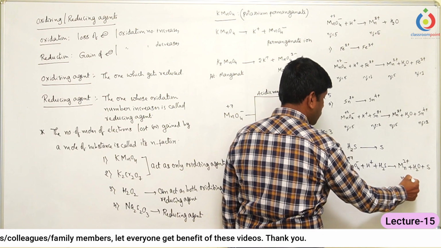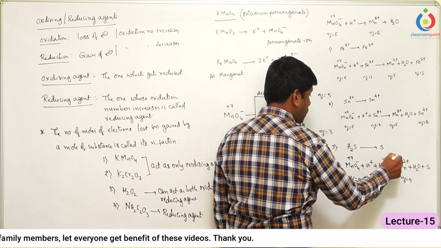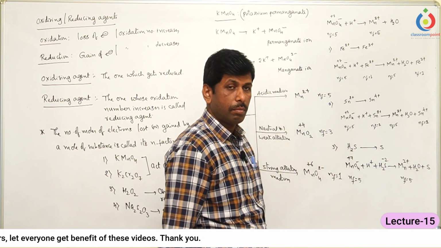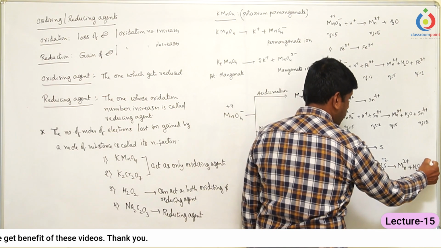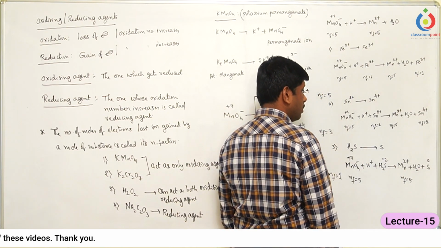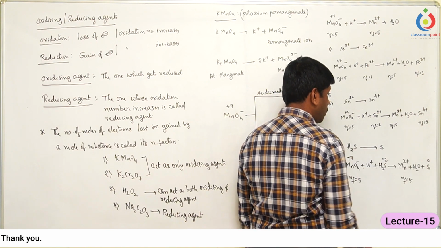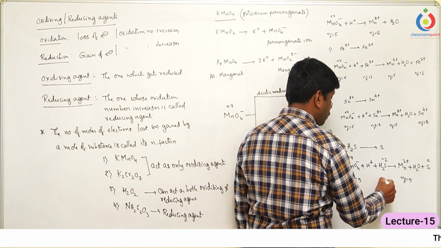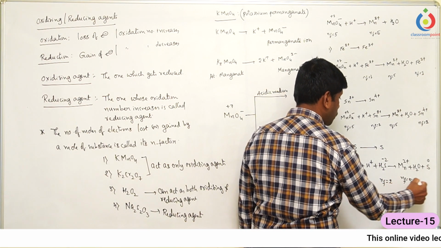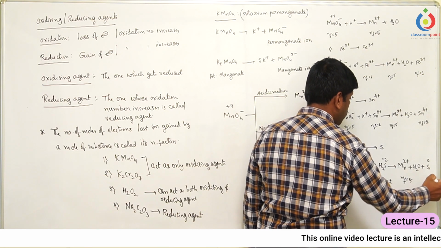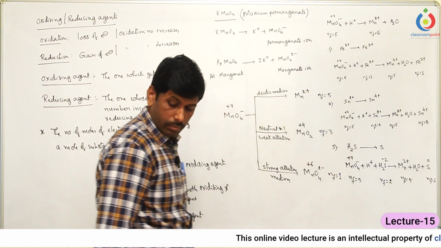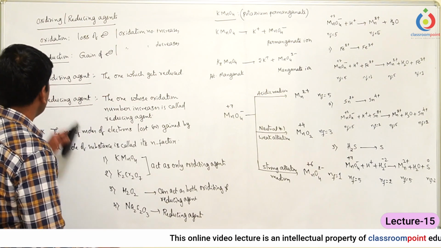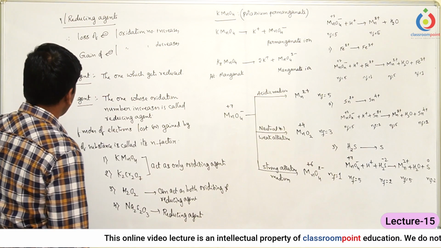Here also N factor is equals to 5. Sulfur oxidation state in H2S is minus 2. And in the elemental form, sulfur oxidation state is 0. Minus 2 to 0, difference is equals to 2. So that N factor is equals to 2. Here also N factor value is equals to 2. Let us see other reactions also.